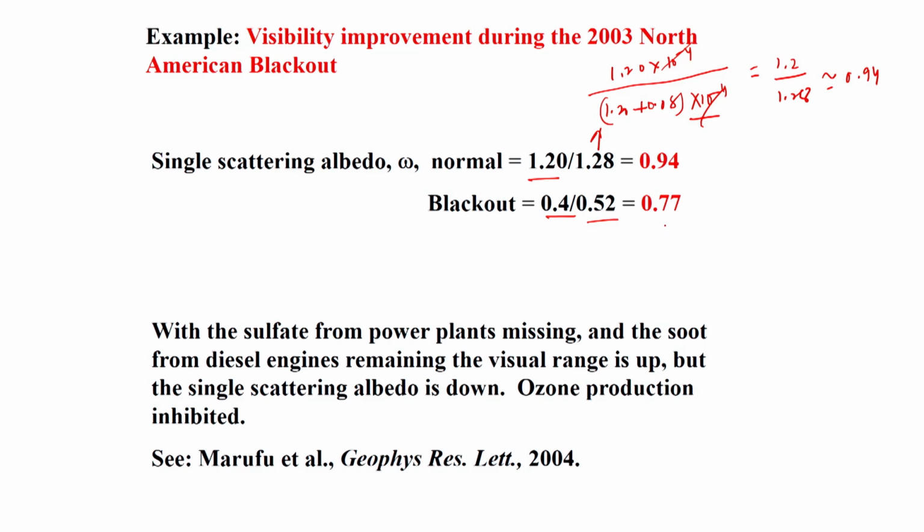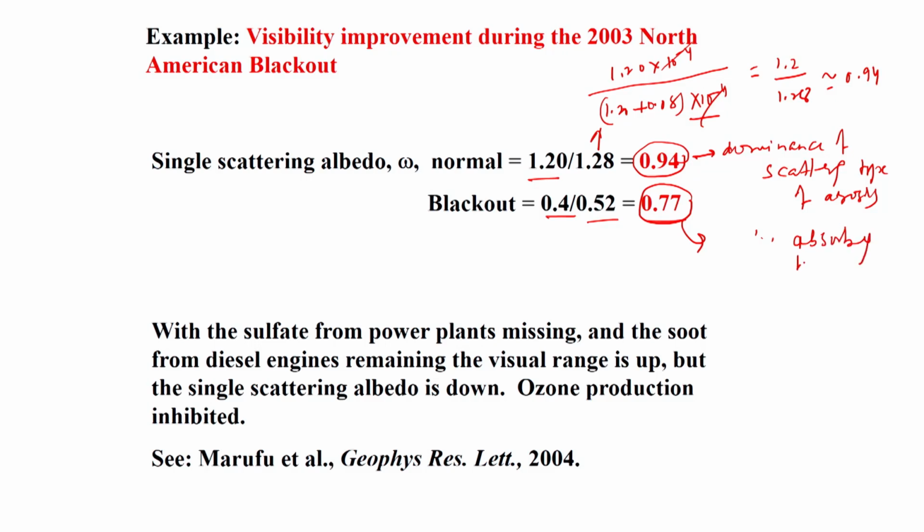So the omega values become 0.94 and 0.77. So this is dominance of scattering type aerosols, and this is dominance of absorbing type aerosols. Just remember these things. You can see the paper that we discussed.